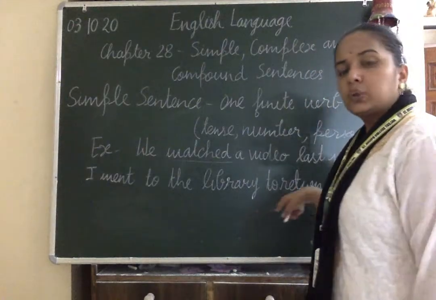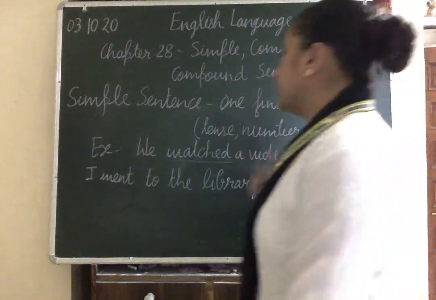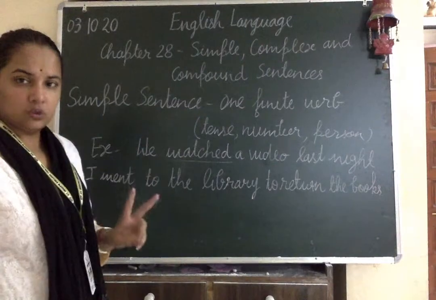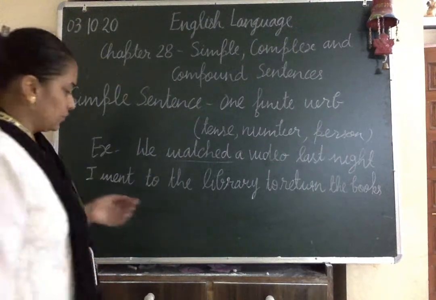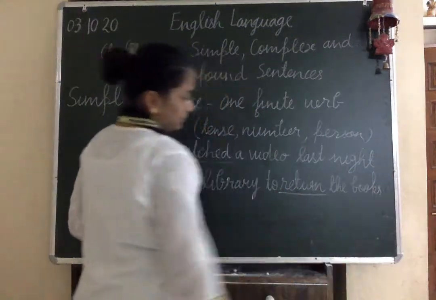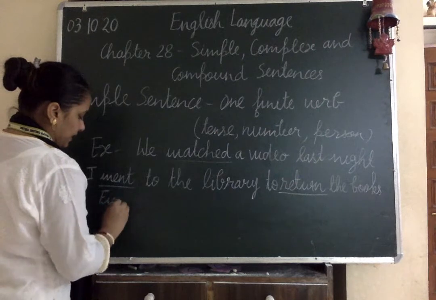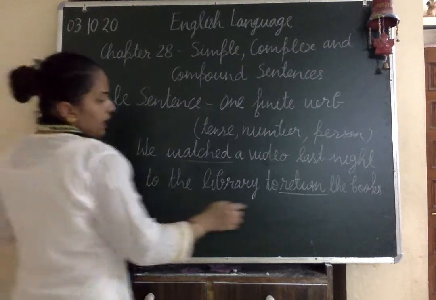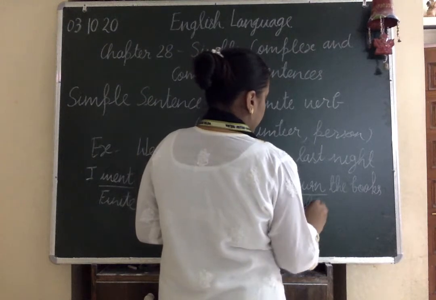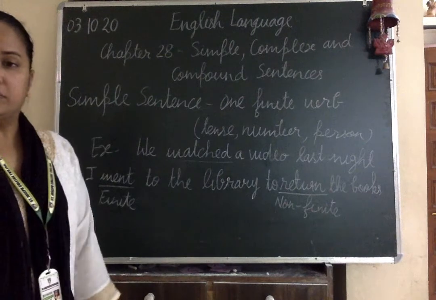I went to the library to return the books. Now here in this sentence you can see two verbs are used. What are the verbs? The action words. Went and return. So here went is the finite verb and return is the non-finite verb.